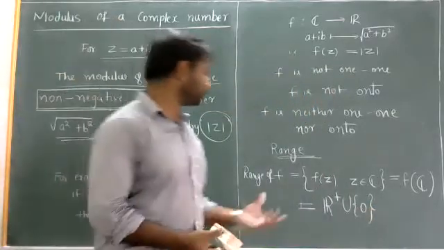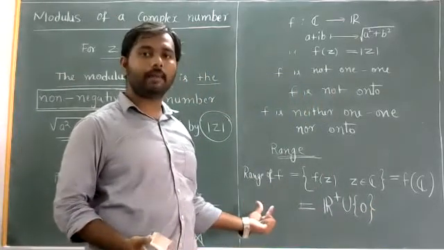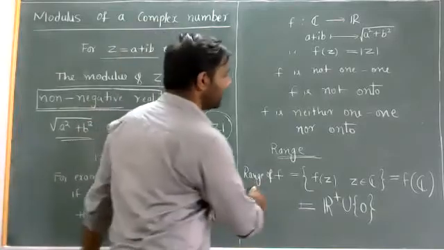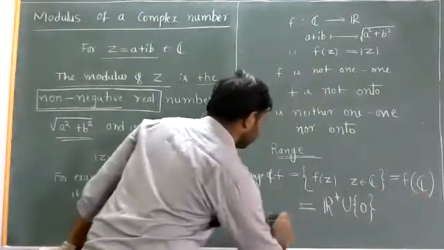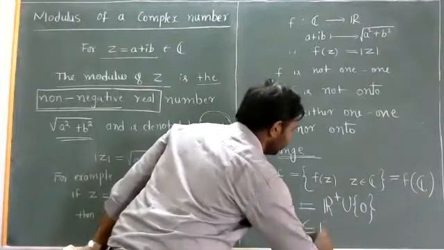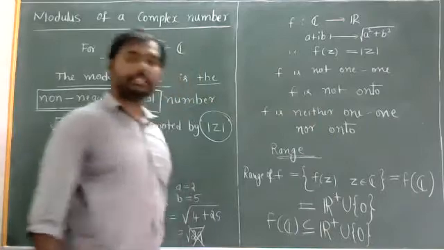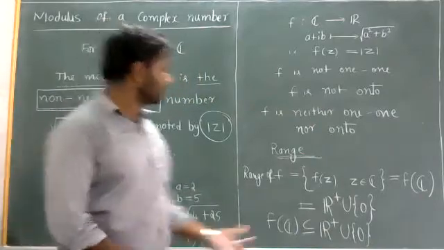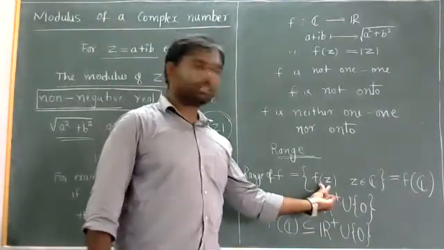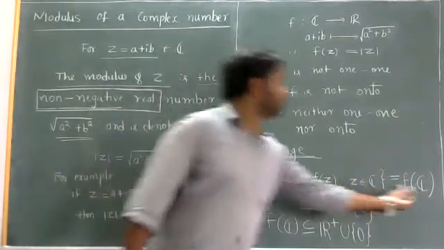Right? Because first of all, range of f is f of C. F of C is contained in R plus union the singleton set {0}. I am talking about f of C, which means what?